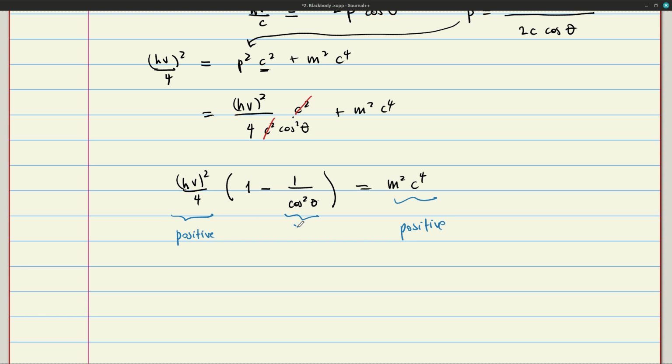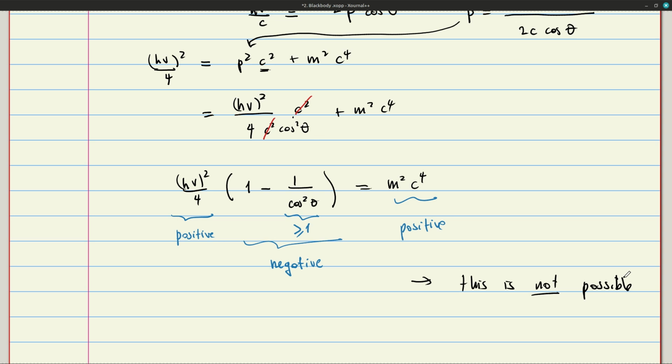So this is bigger than or equal to 1, so this whole thing is negative. So I multiply a positive number with a negative number and get a positive number. That's not possible. Is that correct? Then this is also not possible.